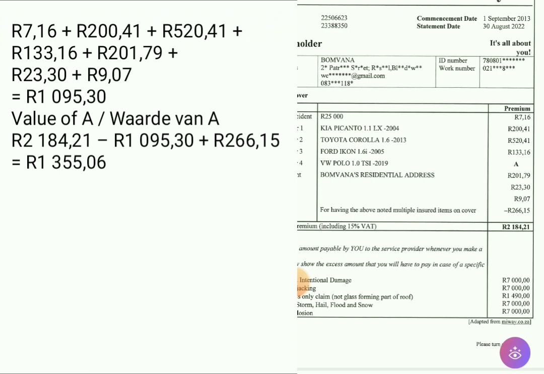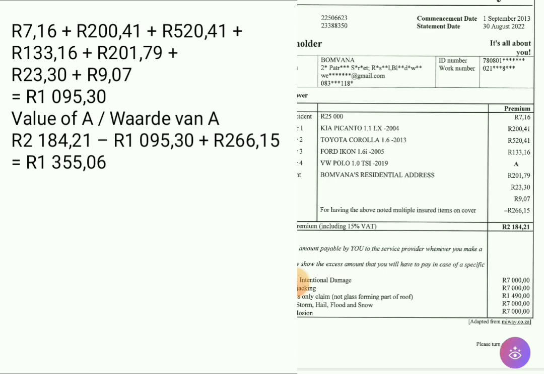we have to find the value of A first of all. How do we find the value of A? After adding the numbers, we have to subtract from the total. This is how we do it.